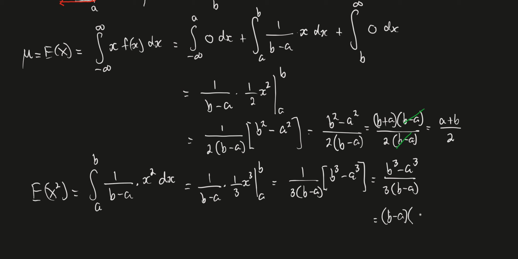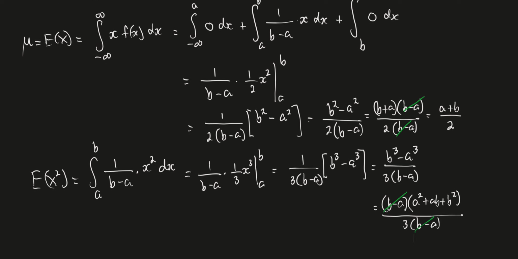and then times the quantity. Now the other factor happens to be a quadratic, and it's going to be a squared plus ab plus b squared, right? And then in the denominator we still have the 3 times the quantity b minus a. But once again, we have that common factor of b minus a. So this goes, and what do we have left?